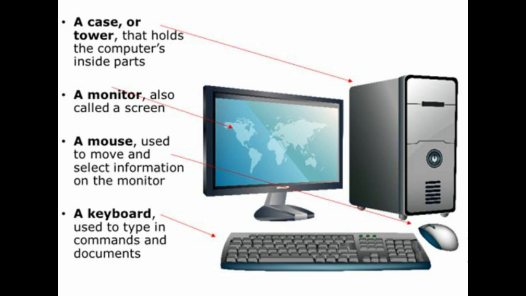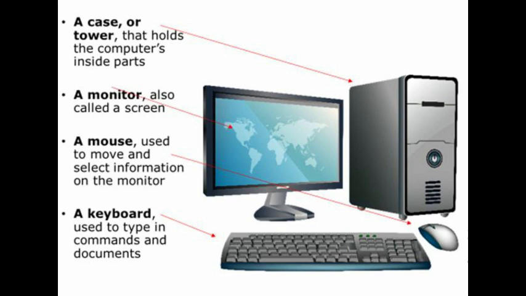It also includes all the computer's internal parts. Here on the image we have a case or tower that holds the computer's inside parts. All the components of the computer are present in this case, like the motherboard, the central processing unit, the power pack, the hard disks, etc. They are held by this case.